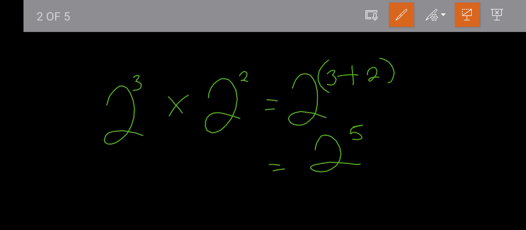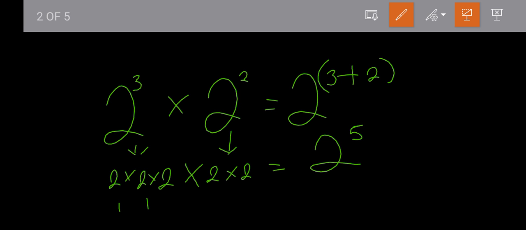And there's a way I can explain this. 2 raised to power 3 means 2 times 2 times 2, and 2 raised to power 2 means 2 times 2. So if I multiply them all together, I'm going to have 1, 2, 3, 4, 5, and that's giving me the 2 raised to power 5 we have there.